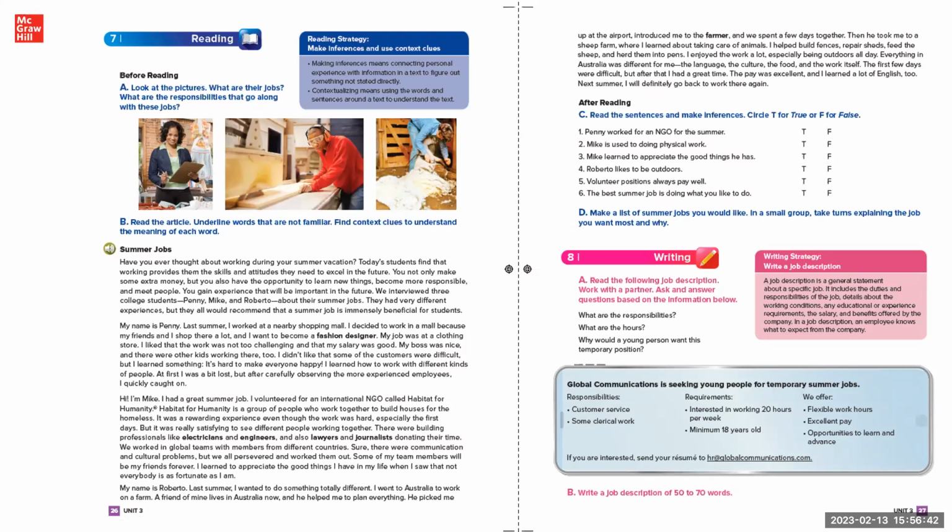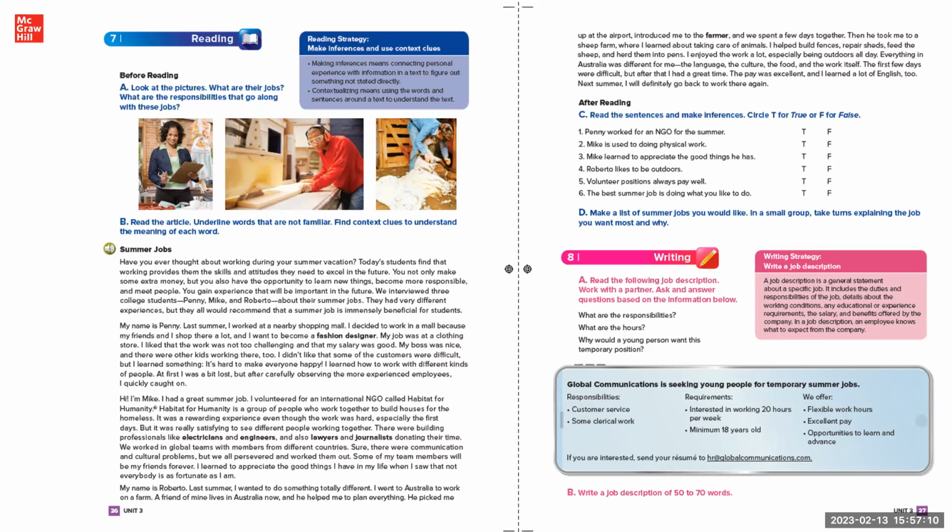This is from a general English book. This is not an EAP, English for Academic Purposes book. This is from Elevate, which is one of the McGraw Hill general English courses. But you still can see that we use that 3-stage process for reading. We still look at the before reading element, where we're using pictures to engage with students, thinking about what their jobs are, what their responsibilities are.